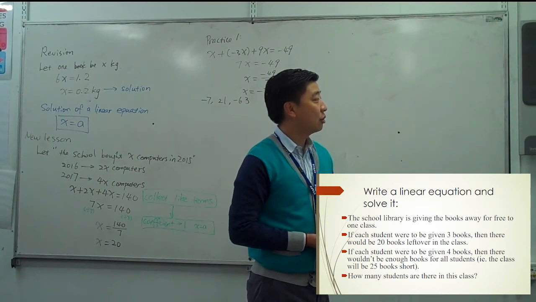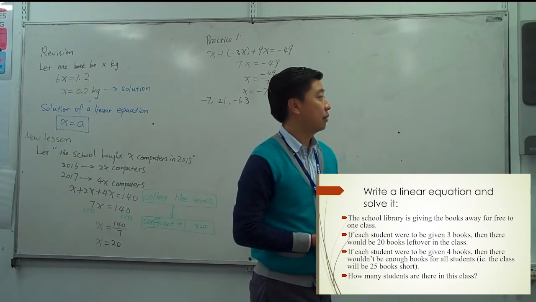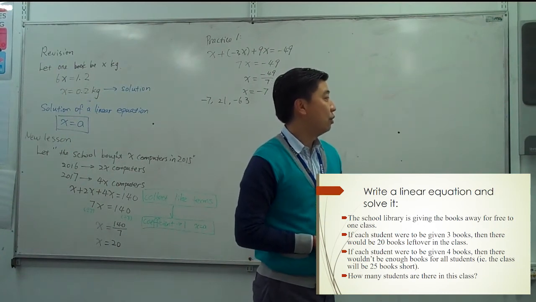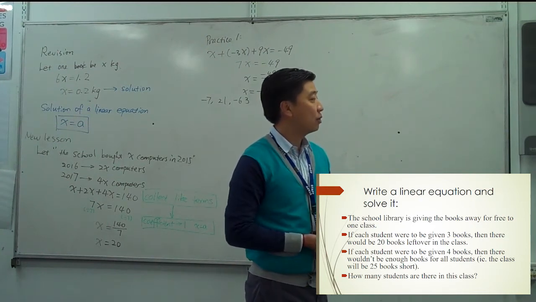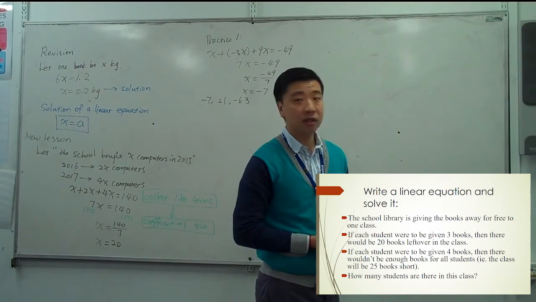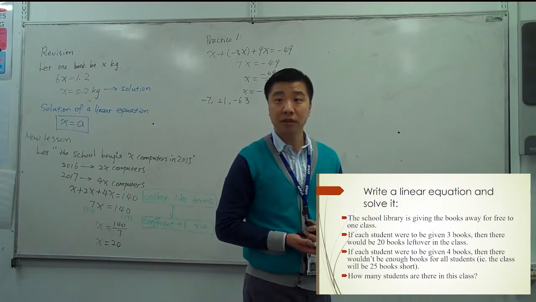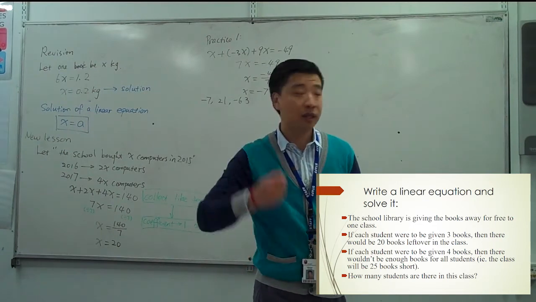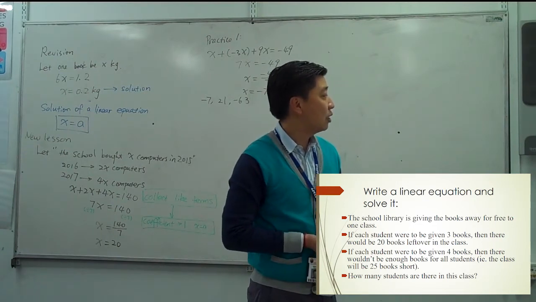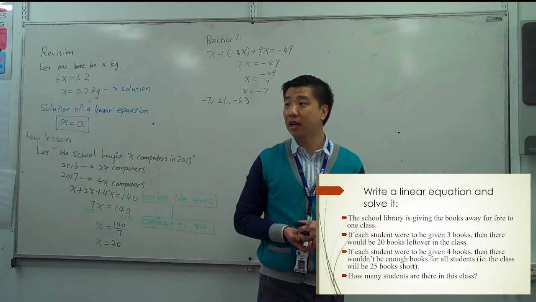If each student were to be given 4 books, then there wouldn't be enough books for all students. For example, the class will be 25 books short. That means we don't have enough books to distribute. How many students are there in this class?